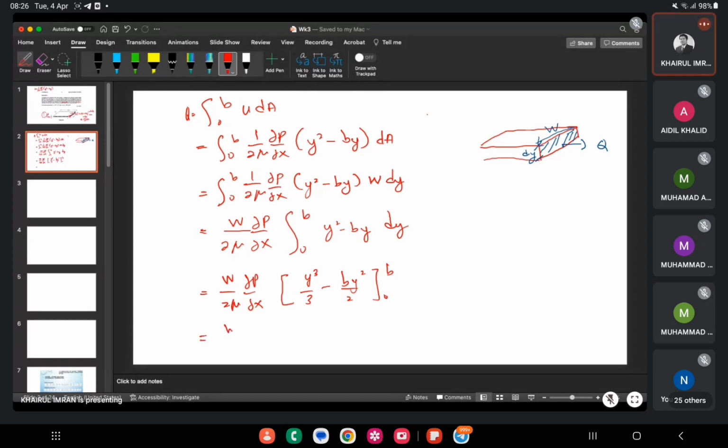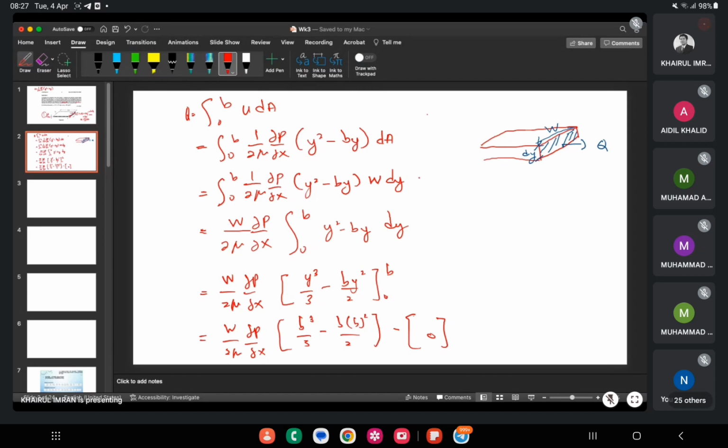Okay, so W over 2 mu del P over del X. Okay, ini akan memasukkan B. So B kuasa 3/3, and then B squared over 2. Okay, so minus kosong lah kat sini kan. Kosong.